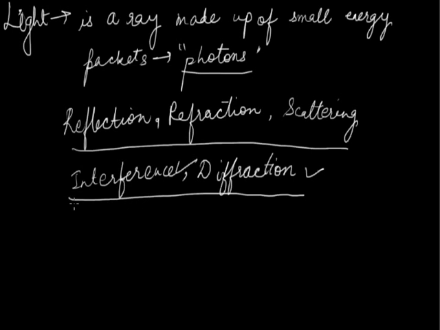That's why we put forward the wave theory and found it quite correct. The wave theory correctly explained interference and diffraction. It simultaneously explained reflection, refraction, and scattering.